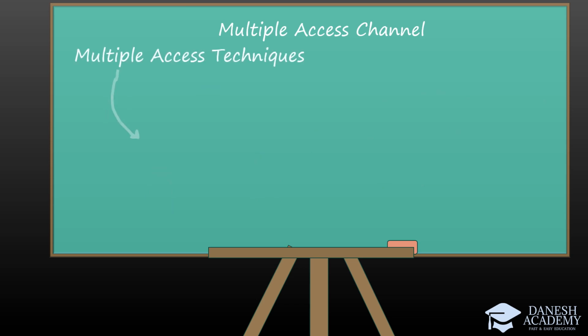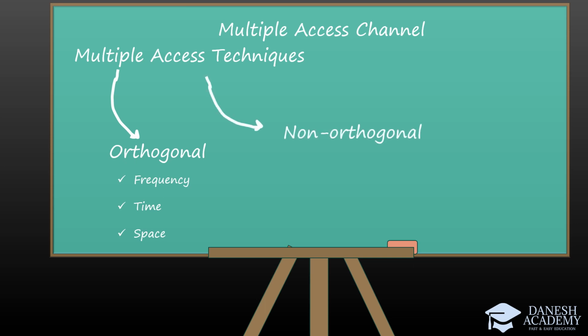One approach is to apply orthogonal multiple access techniques, wherein devices are separated from each other in frequency, time, or space to prevent them from interfering with each other as much as possible. However, when resources like bandwidth and time are limited, we turn to non-orthogonal multiple access techniques, where devices share bandwidth and time to make the most of what's available.